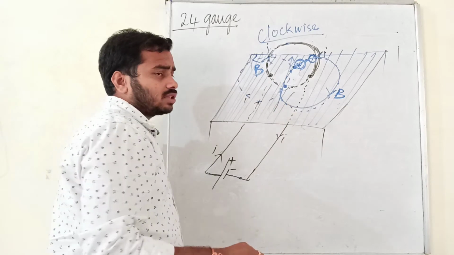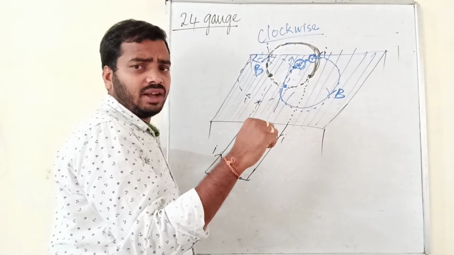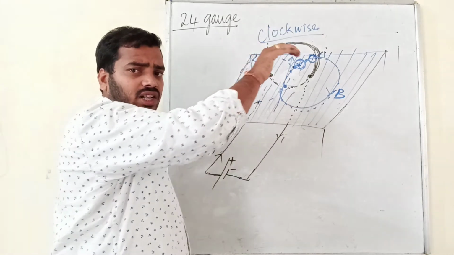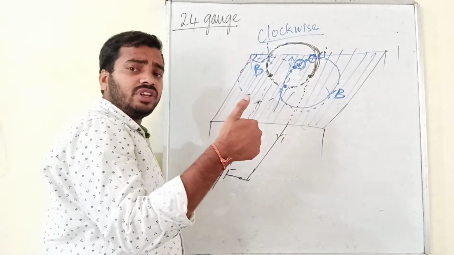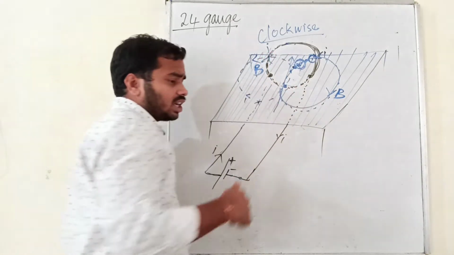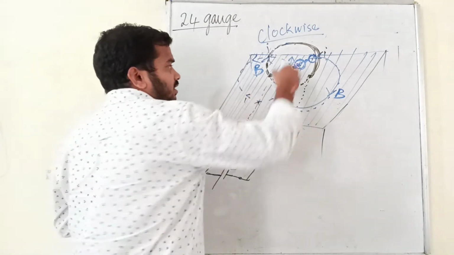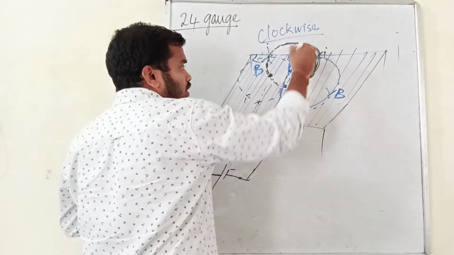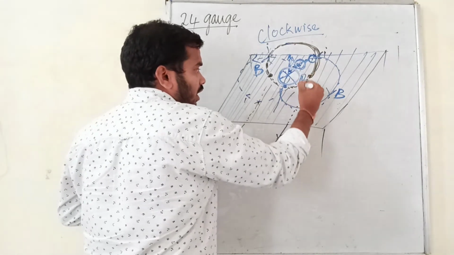That is why I call it clockwise. You curl the remaining fingers other than the thumb in the direction of the current, such that your thumb shows you the direction of the magnetic field. Here the magnetic field is directed into the loop, which is indicated with an X mark, B.